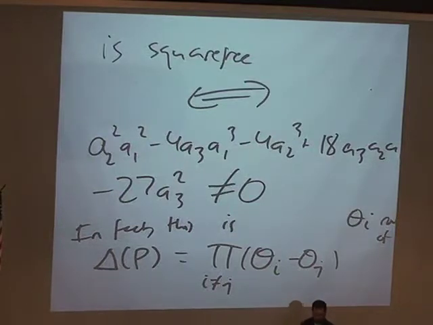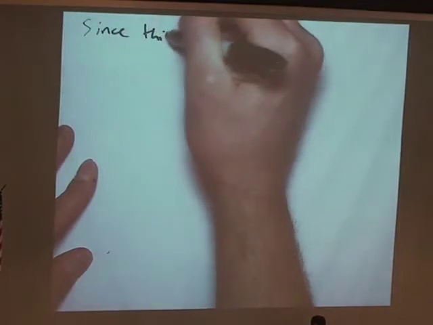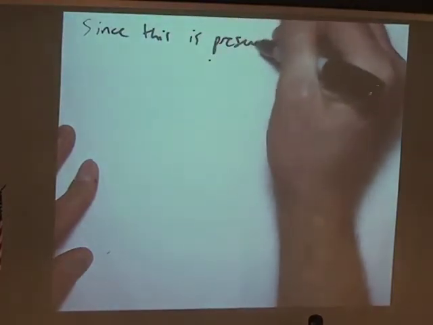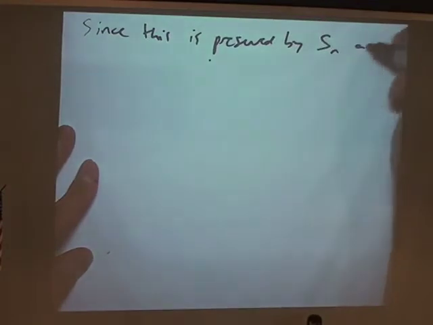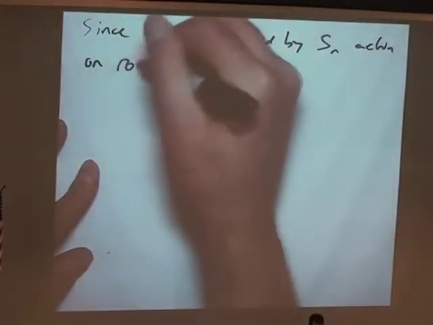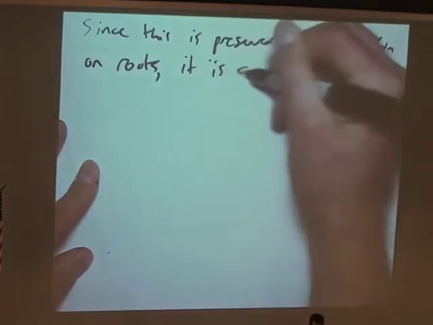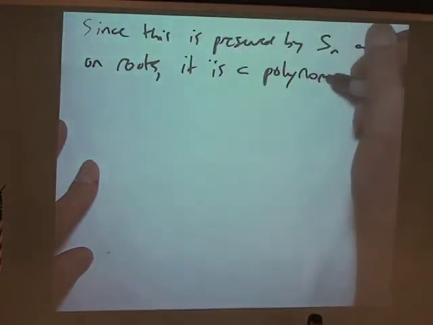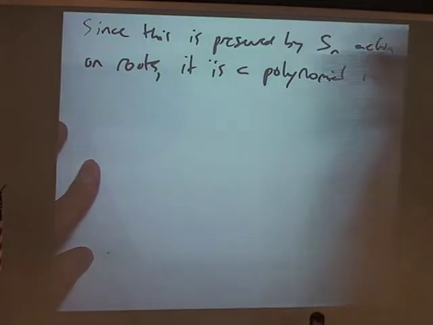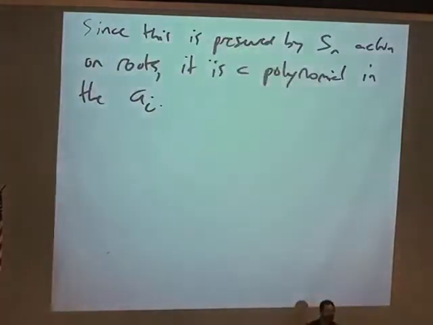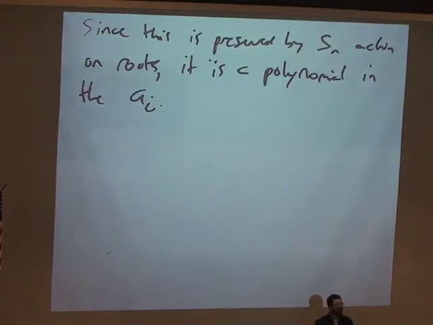So since this is preserved by the S_n action on roots, it is a polynomial in the a_i. And if you do this for a cubic polynomial, you will see that you get exactly the polynomial that I wrote down.